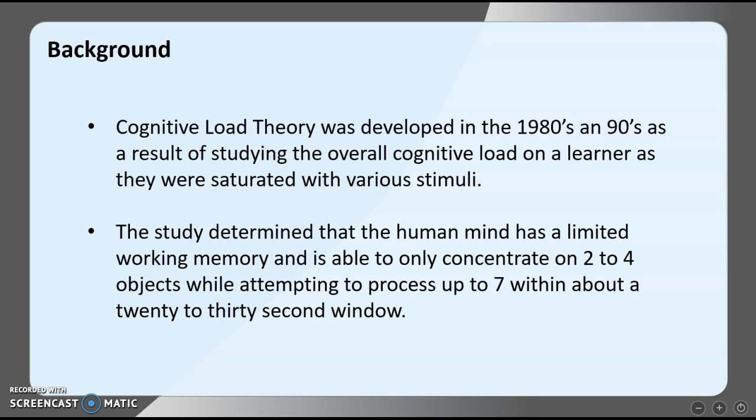This particular study determined that the human mind, the brain, is able to only really concentrate on about 2 to 4 different objects at one time. And you can understand this too in the normal sense that in an everyday situation, your mind processes thousands, millions, billions of pieces of information every day, and it chooses to either concentrate on or disregard certain objects, things like that.